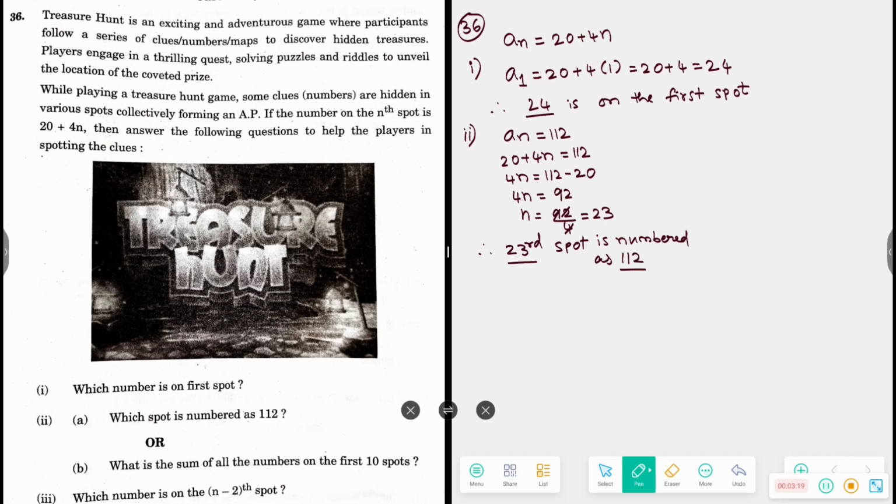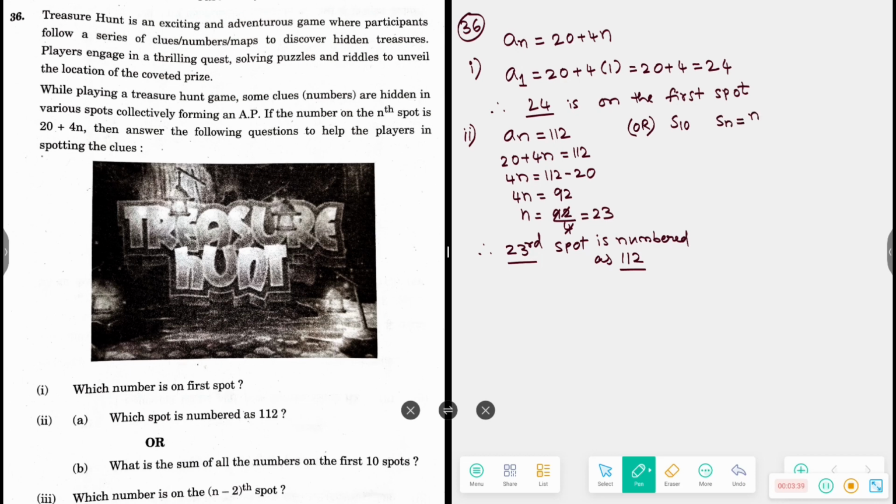Here 24 is there on the first spot. Now for this another question is also there. What is the sum of all numbers on the first 10 spots? Sum of all numbers on the first 10 spots means we have to find S10. What is the Sn formula?